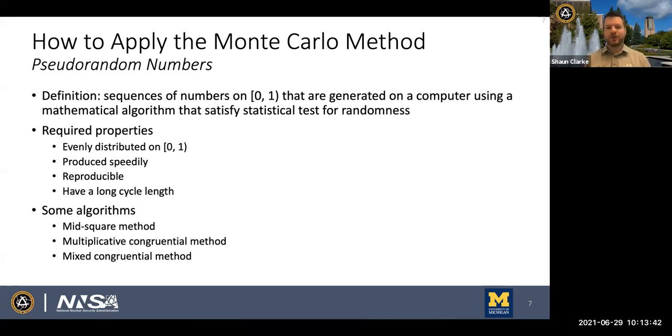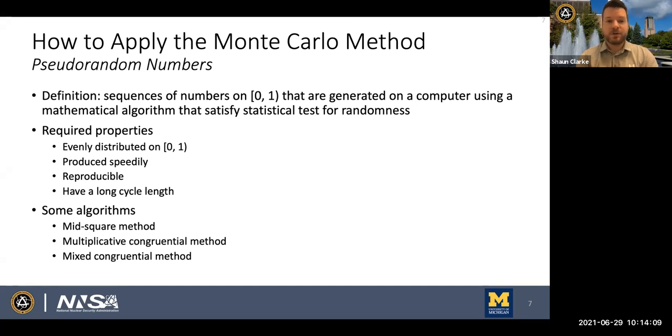I'm not going to go into what sufficiently random means, but suffice to say, there's a few properties here that we need to think about. Firstly, of course, the interval we talked about, but the second one here, they need to be produced speedily. What does speedily mean? Essentially, when you're running a Monte Carlo calculation, if you're doing a typical neutron transport or nuclear engineering problem, you're going to need a lot of random numbers.